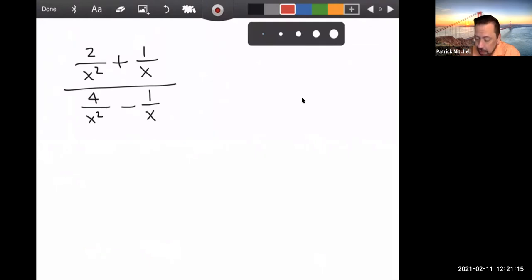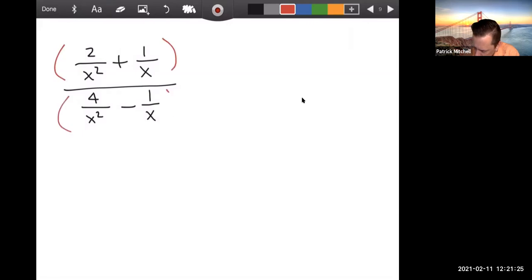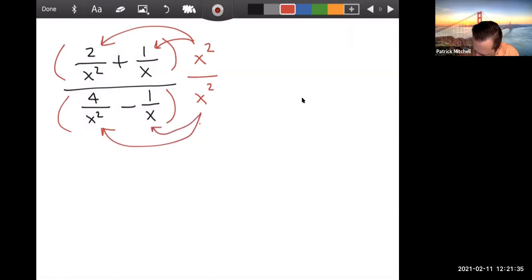All right, so the LCD that would cover all of the little fractions in this whole expression is x squared, right? So we're going to multiply the top and the bottom of the big fraction by x squared. So you get an x squared, and you get an x squared, you get an x squared, you get an x squared. All right, so let's see, how is that going to look? Okay.